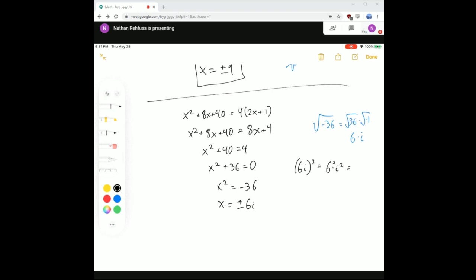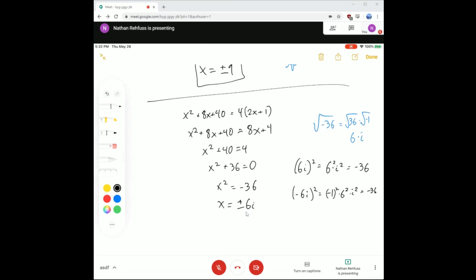That's 36 times negative 1, so that's negative 36. Negative 6i squared is negative 1 squared times 6 squared times i squared. Negative 1 squared is just 1, so this is also negative 36. So we have two solutions here, plus or minus 6i. So this is our first example of complex numbers being the solutions of a quadratic problem.